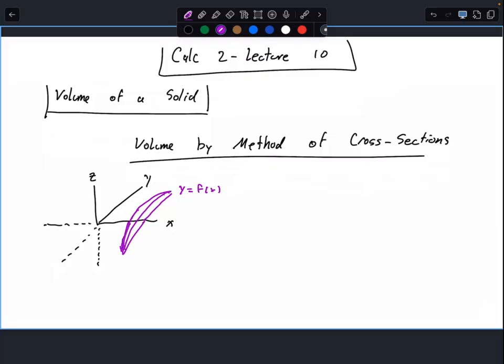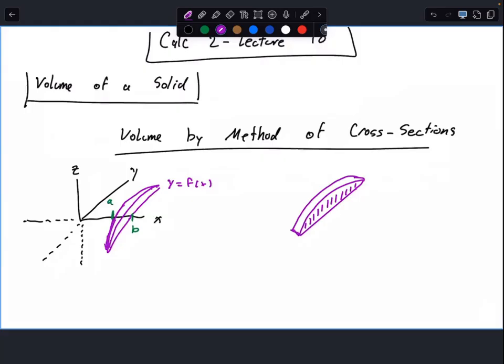Right here, we have this 3-dimensional shape starting from some value A and ending at some value B. Let me pull it out a little bit better here. If I just look at one little slice of this, this is what that little slice would look like.